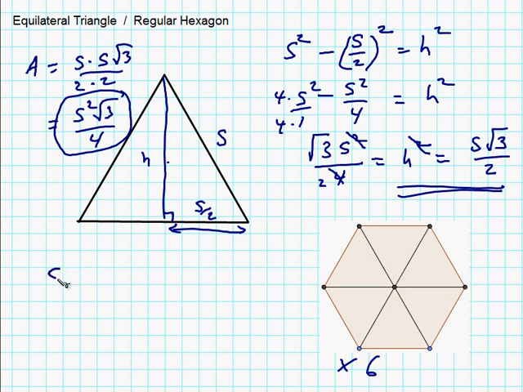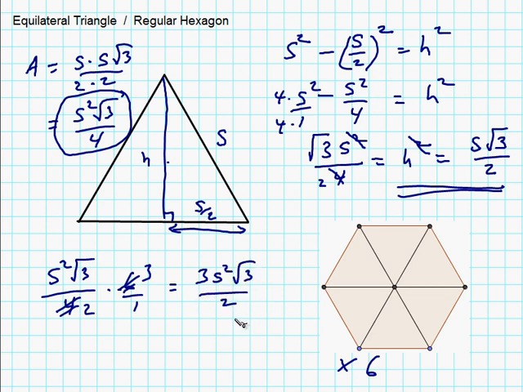So if I take s squared times the square root of 3 over 4 times 6, 2 goes into 4 twice, 2 goes into 6 3 times, and so we have 3s squared times the square root of 3 over 2. That's getting a little complicated. It's easier, I think, just to remember this one and multiply by 6.